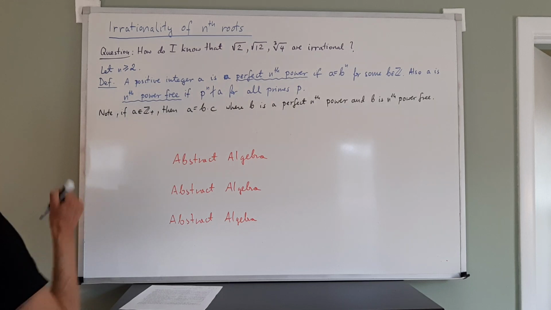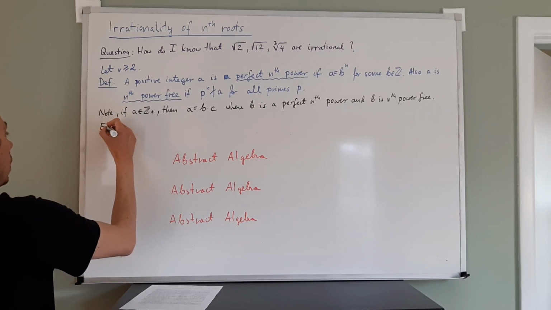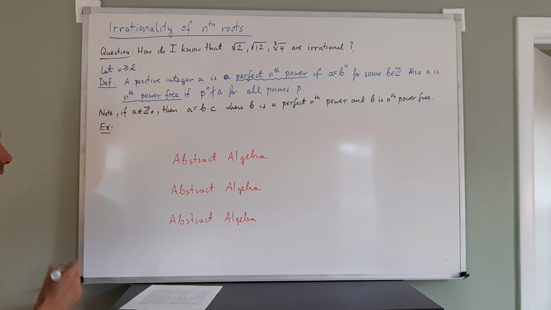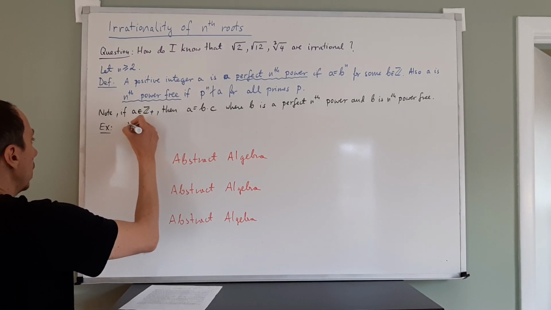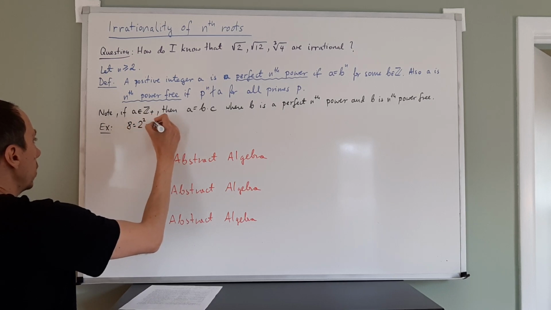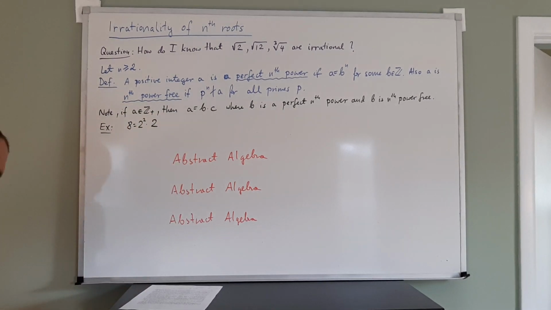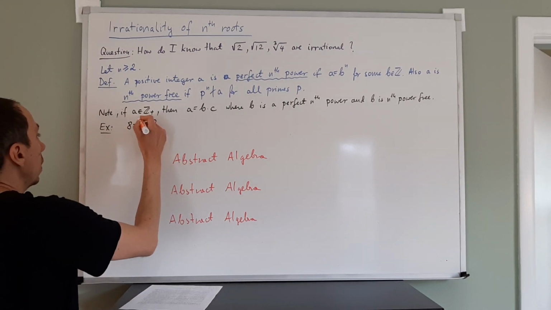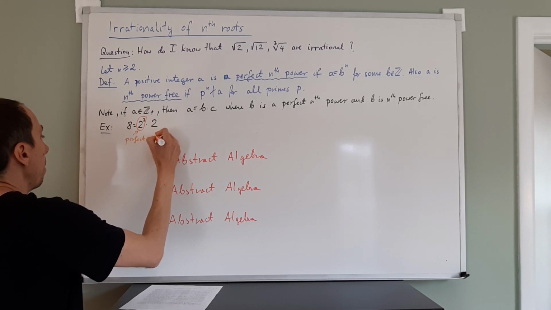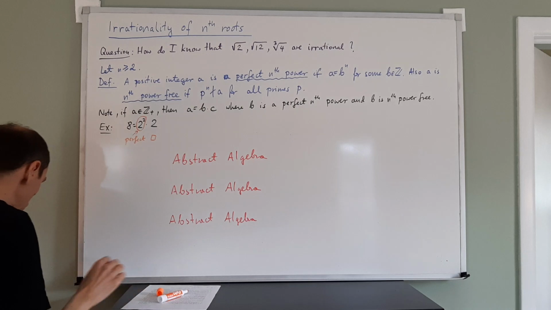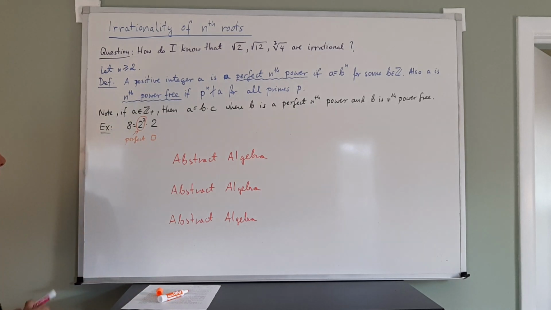For example, if I'm interested in squares, well, I can just take 8 and I can write it as 2 squared times 2. The first one is a perfect square. The second one is square free.